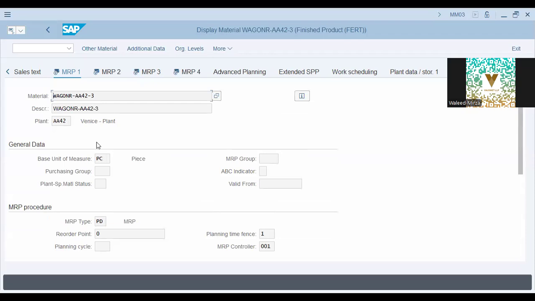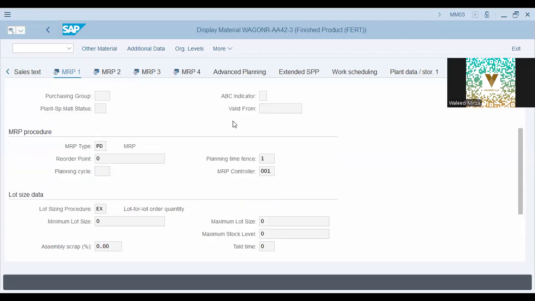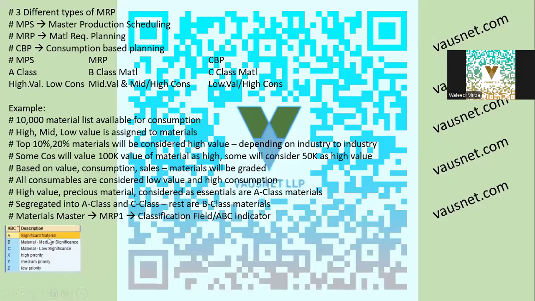We are in MRP1 and the ABC indicator. It's not working right now, but anyways. Okay. So the list is significant material, medium significance, low significance, high priority, medium priority, low priority. Okay.